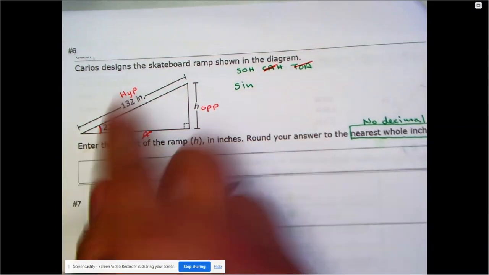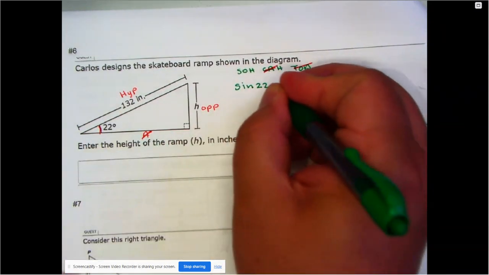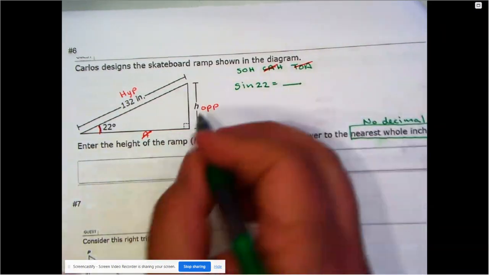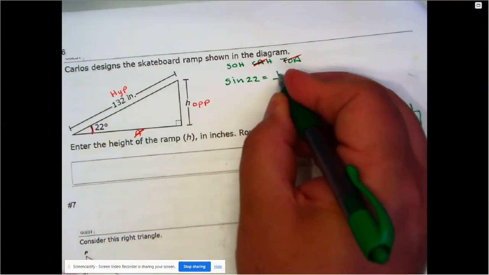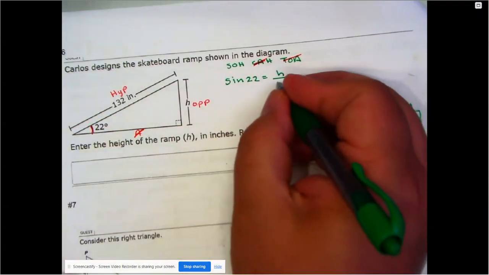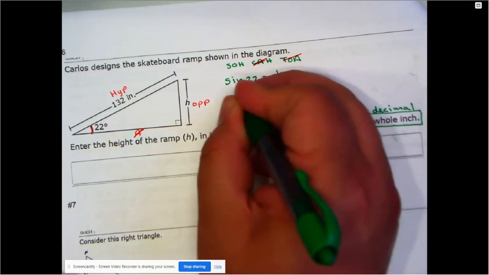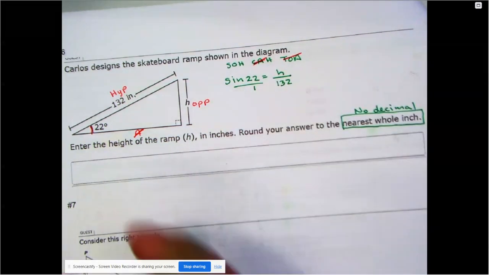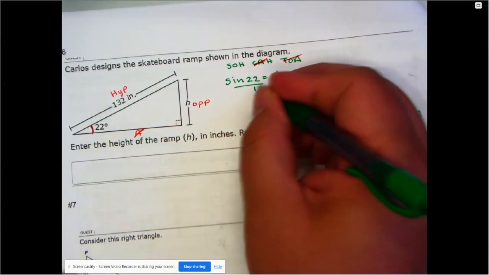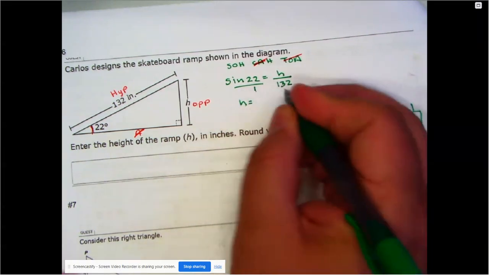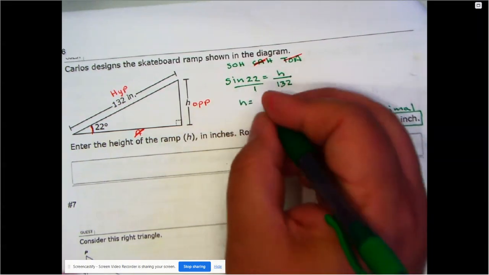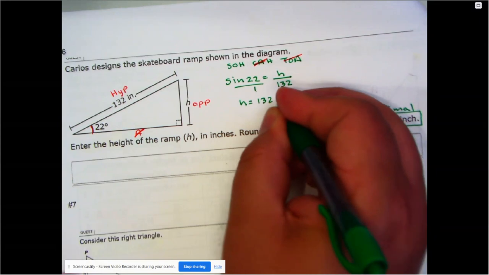Sine of, there's the 22, is equal to a fraction, which is opposite over the hypotenuse. And then, of course, as always, we do a little cross multiplication. 1 times H is H. 132 times sine. Well, that's 132 times sine.